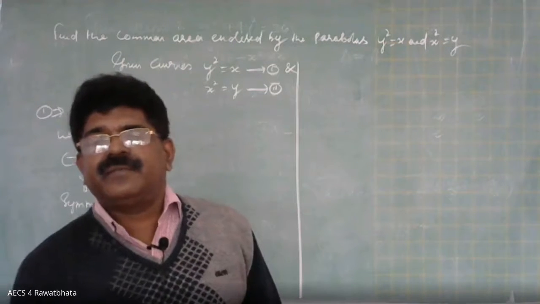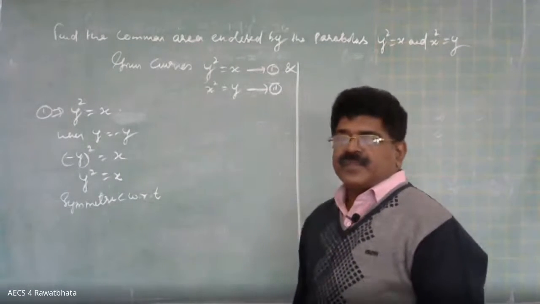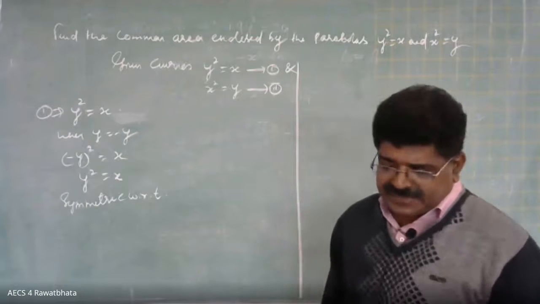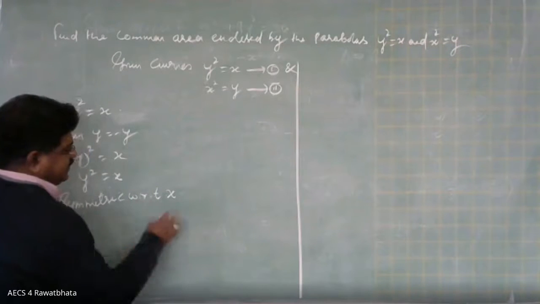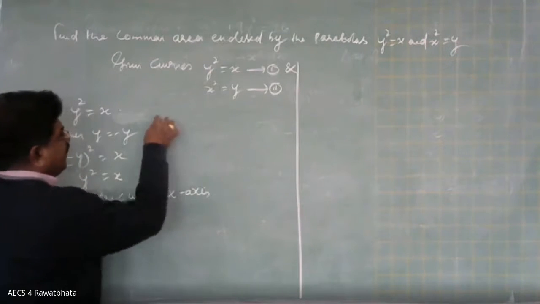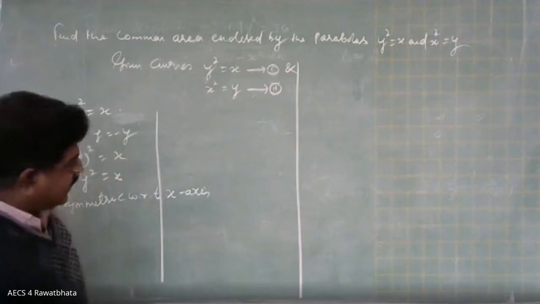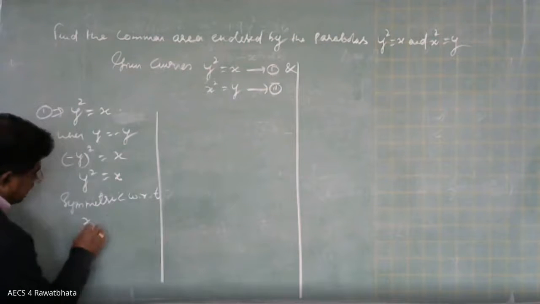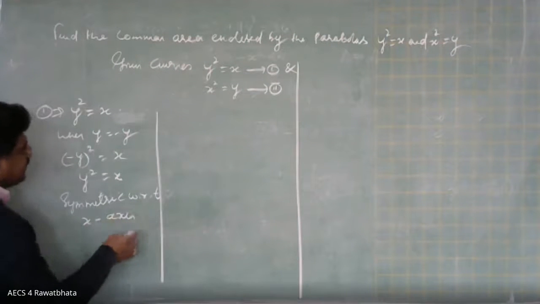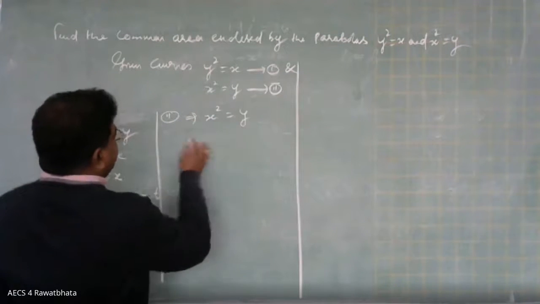Divyanshi Jain. Roll number 10, sir. Symmetric with respect to which axis? X-axis. Very good. Symmetric with respect to the x-axis. Then what about the other one? Immediately we can say for the other one also, can you say? Y-axis. With respect to the second one, x squared is equal to y.